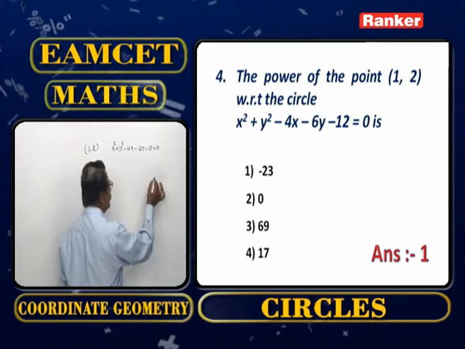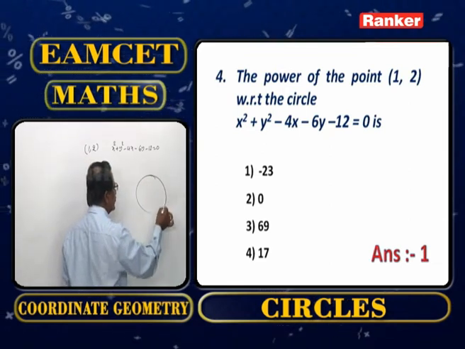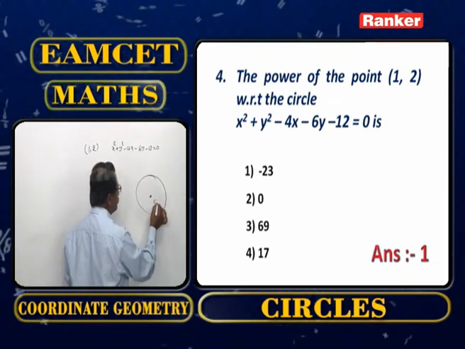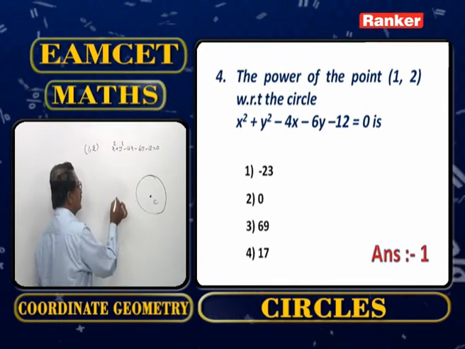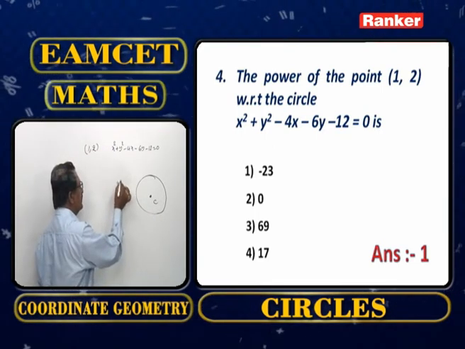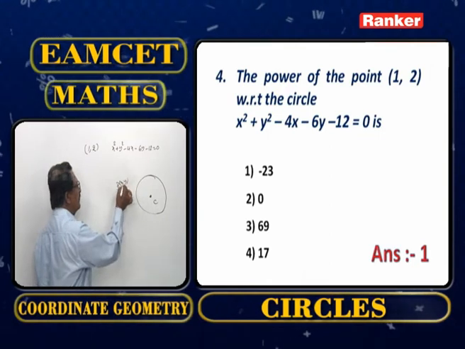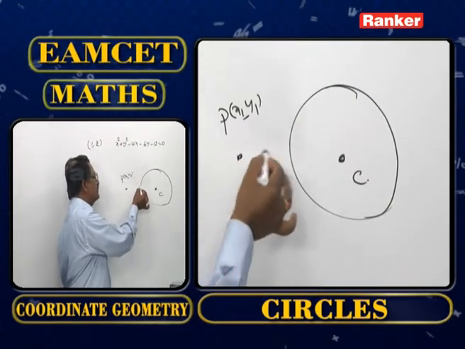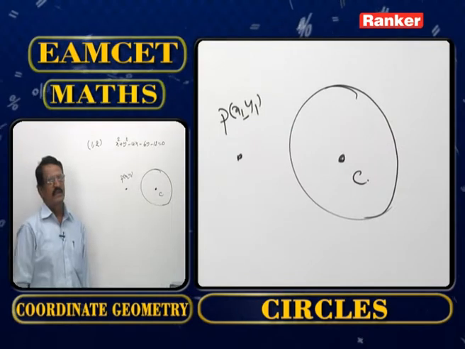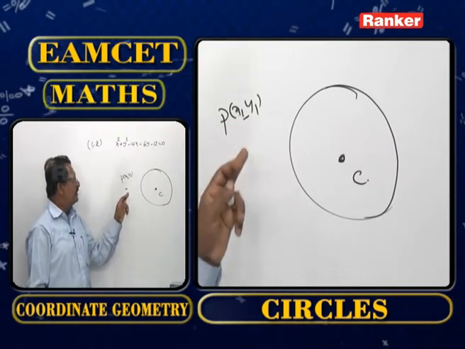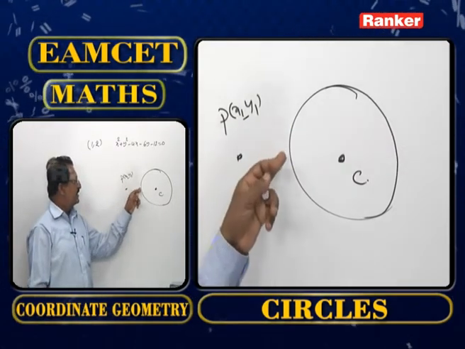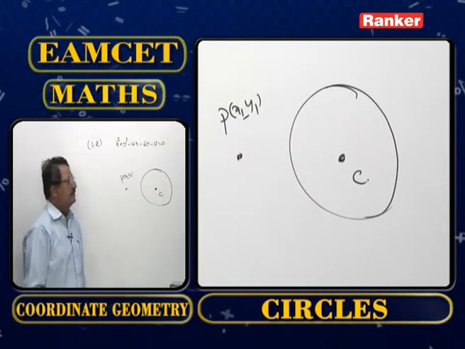Suppose there is a circle with center C, and P (x1, y1) is any point anywhere. It may be outside of the circle, on the circle, or inside.